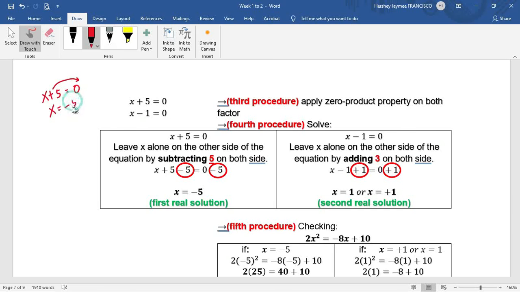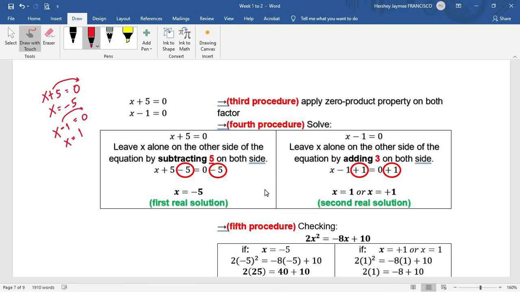That makes it negative 5 because we transposed it. So, x minus 1 is equal to 0. Again leave x alone, move the value of 1, it becomes positive 1. So, this is the other way of solving it.